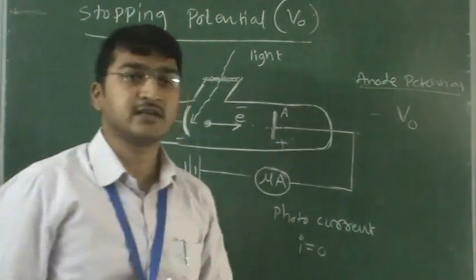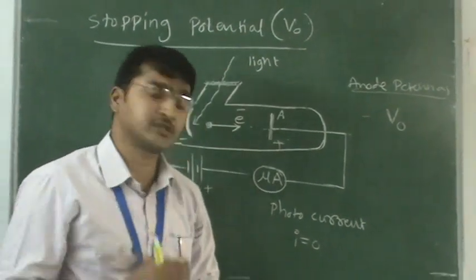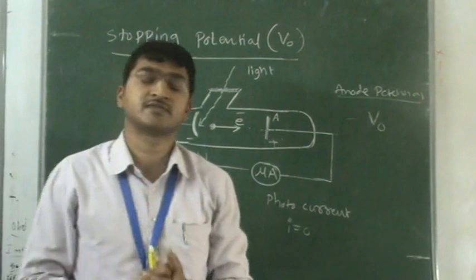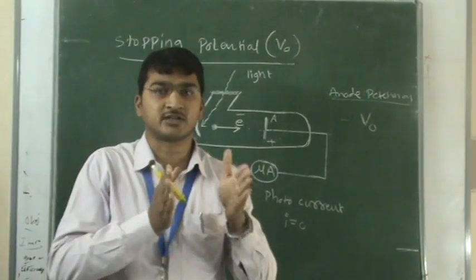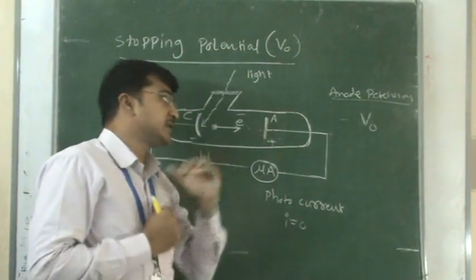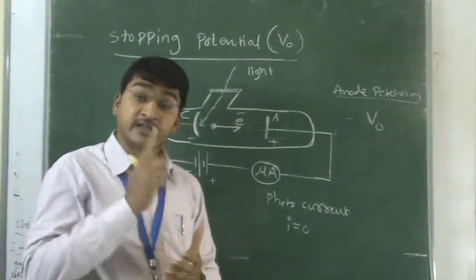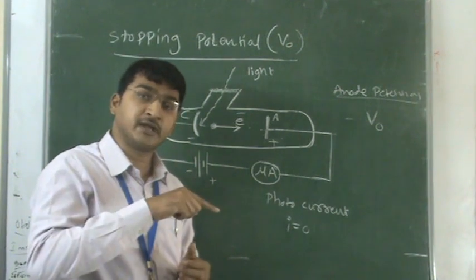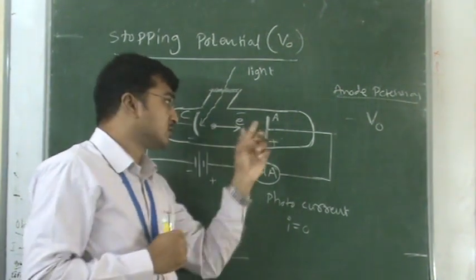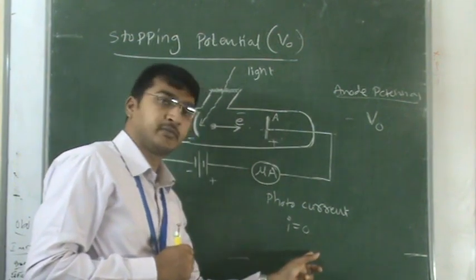Now this we call the stopping potential. Please note the definition of stopping potential. That's the fourth parameter we need to discuss. Electrons are not reaching because of the negative potential applied to the anode plate, so the photoelectric current becomes 0.